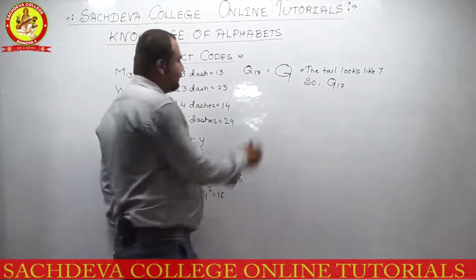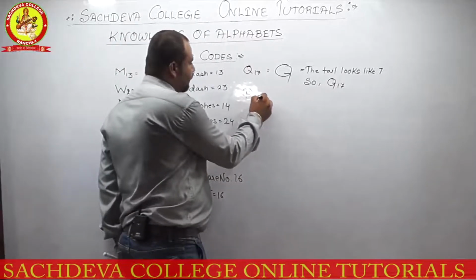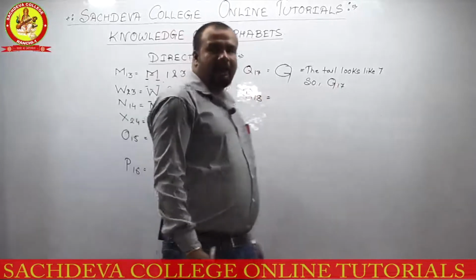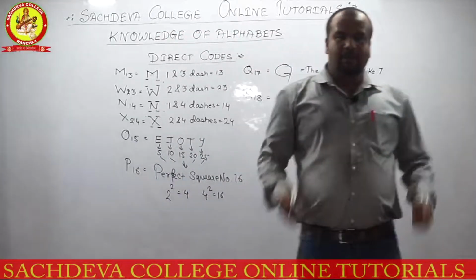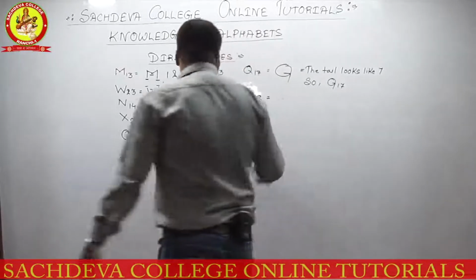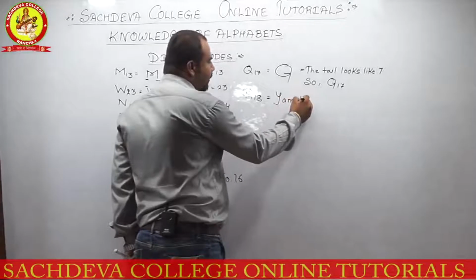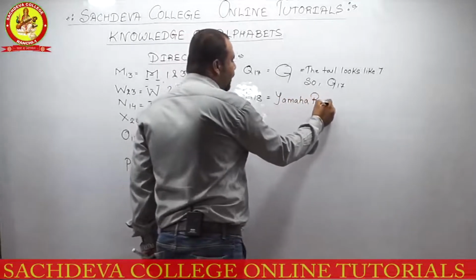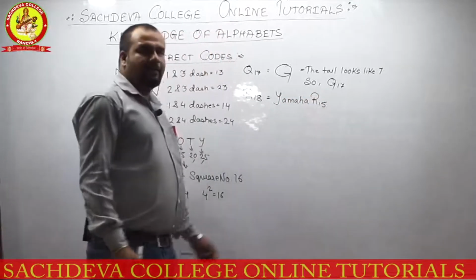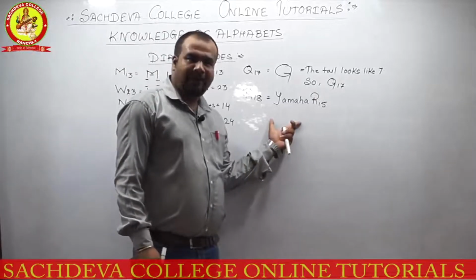Next, R18. How can we remember about R18? It is very simple. For R we have a motorbike named Yamaha R15.